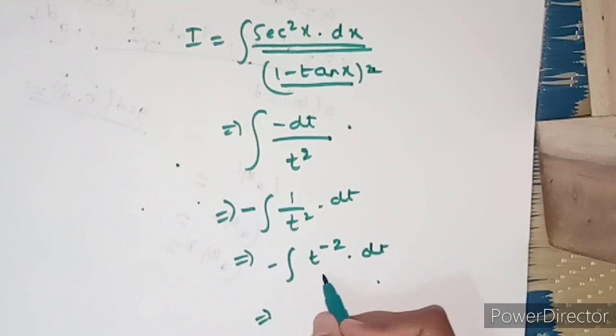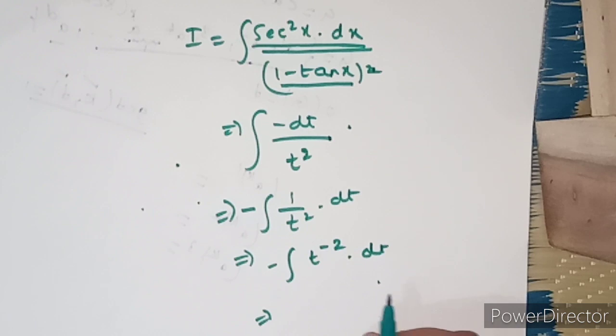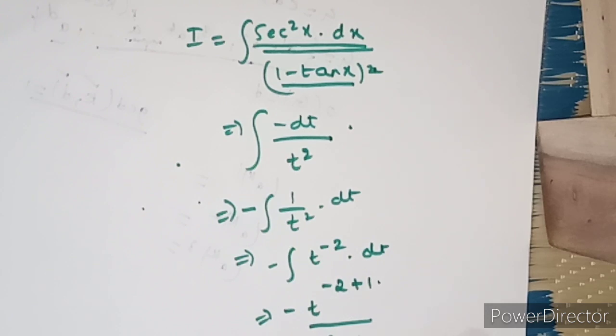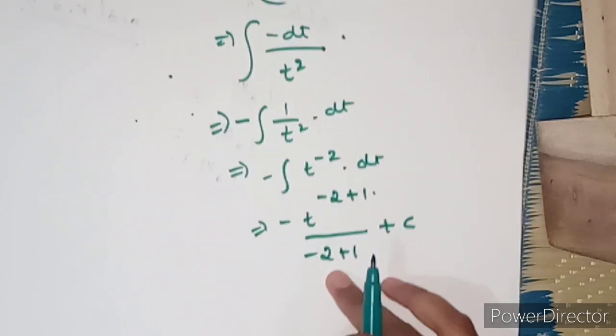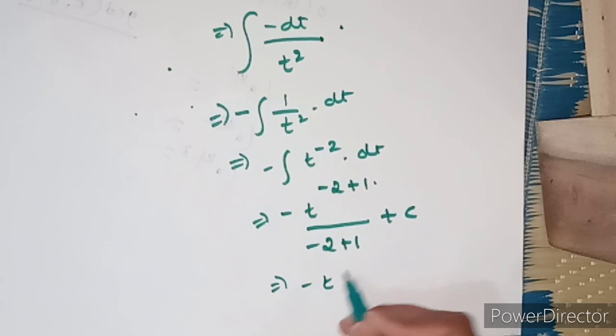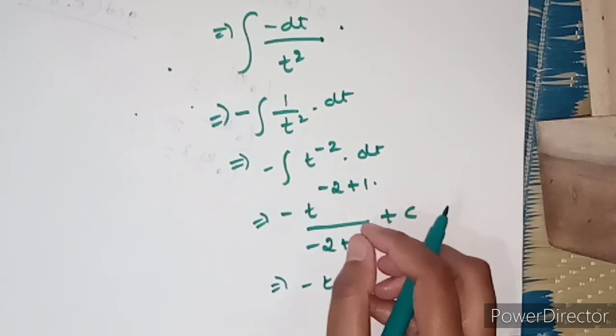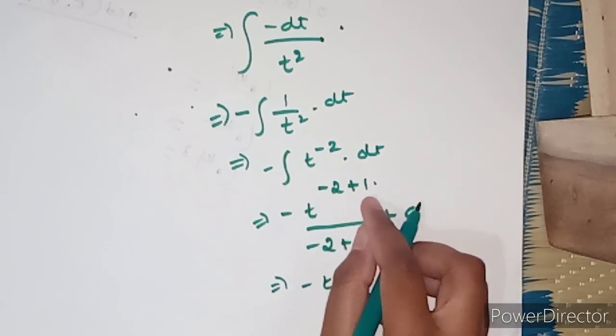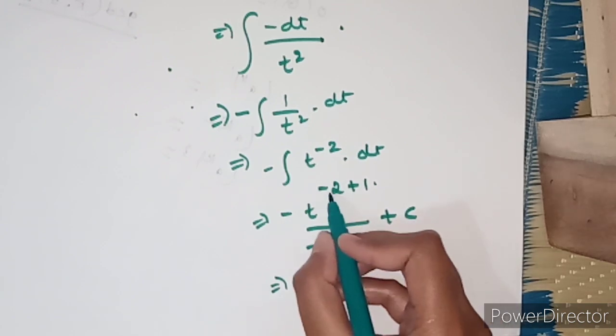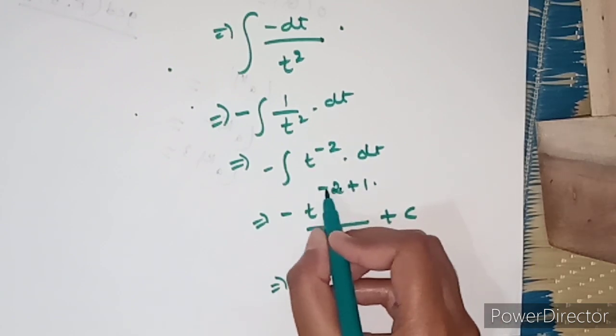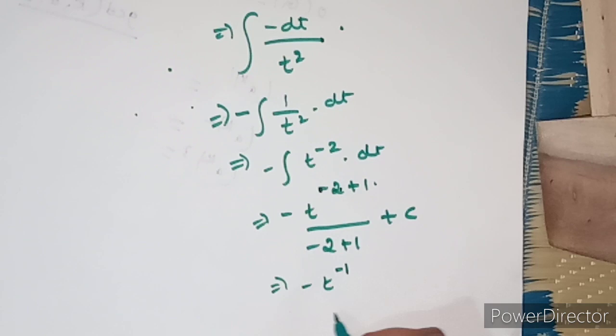Again this is of the form integral of x power n dx is equal to x power n plus 1 upon n plus 1. So add 1 to the power of this function, same in the denominator, minus 2 plus 1. Now minus 2 plus 1: if signs are opposite, we have to subtract, right? So 2 minus 1 is 1. And which one is bigger? 2 is bigger. And what is the sign of 2? Minus. So put minus here.